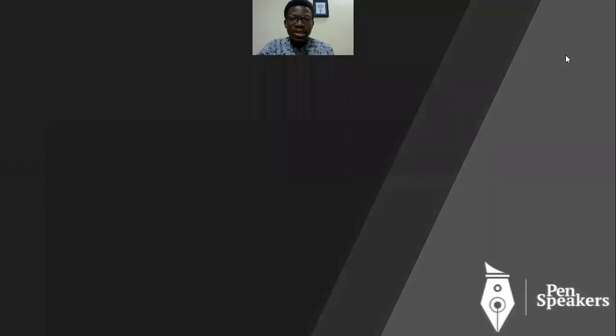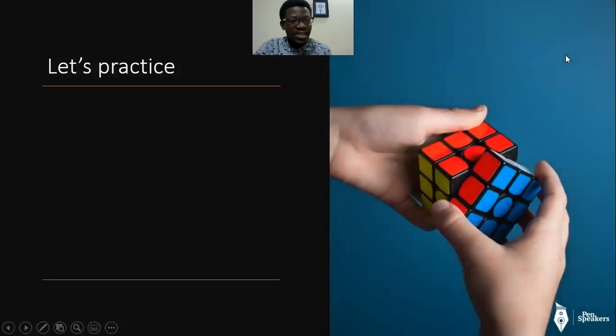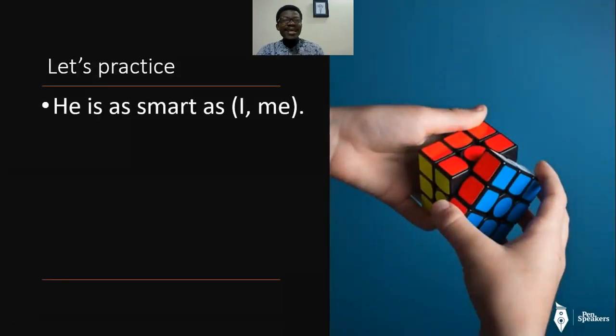So here we go. Examples. Let's practice with this. So the sentence says, he is as smart as I, me. Remember, what was the trick? After the word as, what are you supposed to pick? You pick the subject pronoun. If by now you have memorized the table of the pronouns, whether it's the nominative and the subject and the nominative and the object pronouns, I'm sure that you should be able to identify which one is the subject pronoun between I and me.